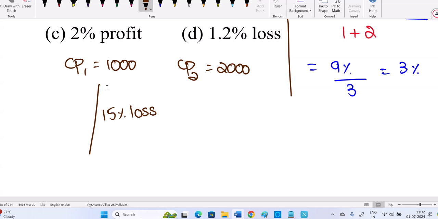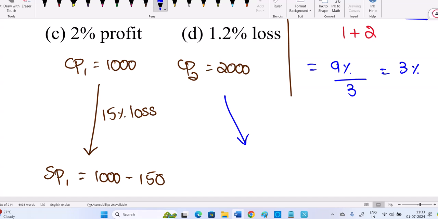For 100, 15. For 1000, it is 150. The selling price is 1000 minus 150. Why minus 150? Loss. When it is loss, the selling price should be less than the cost price.